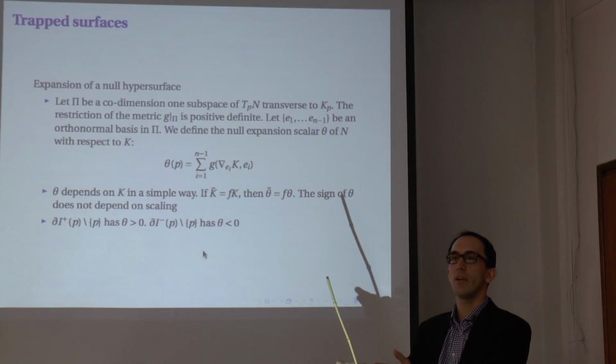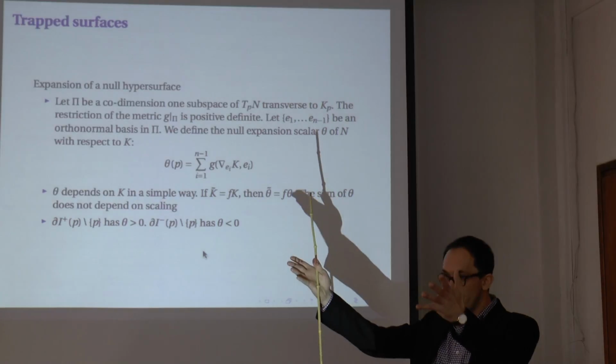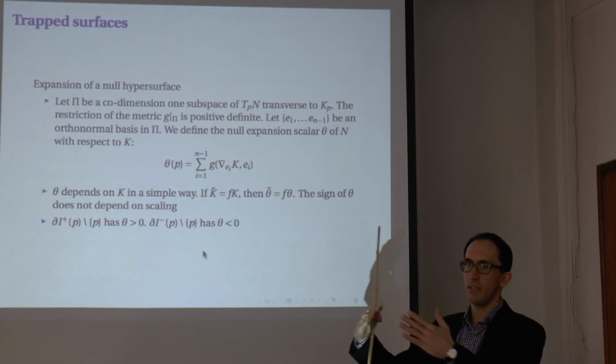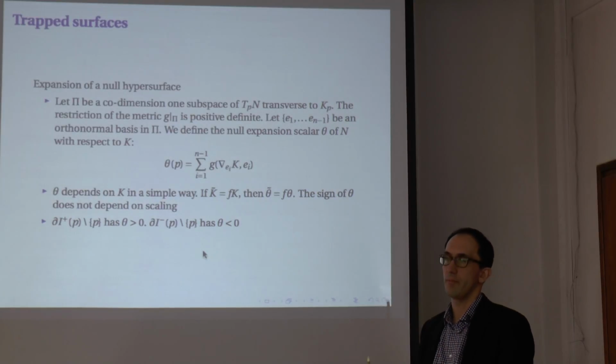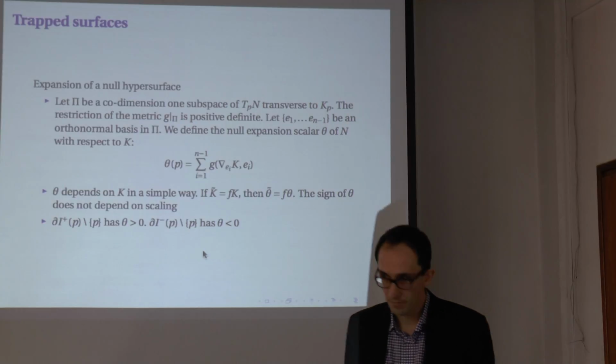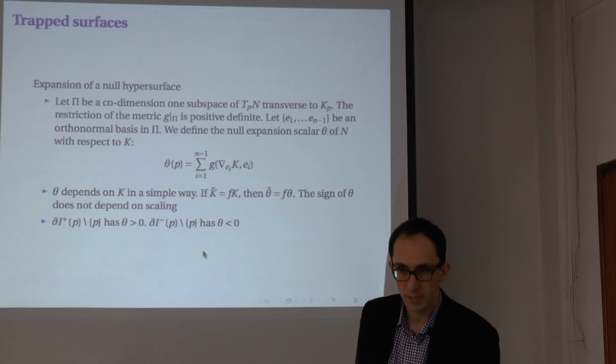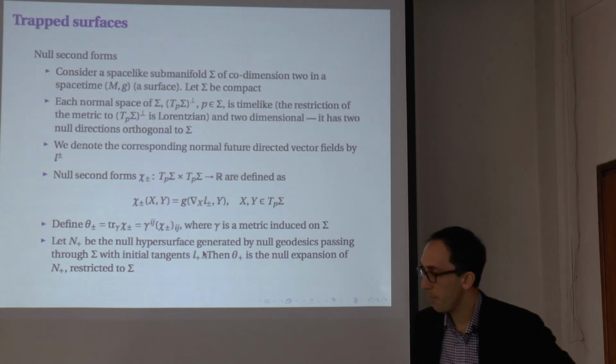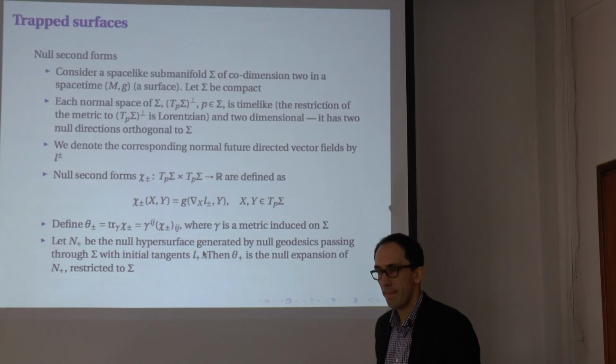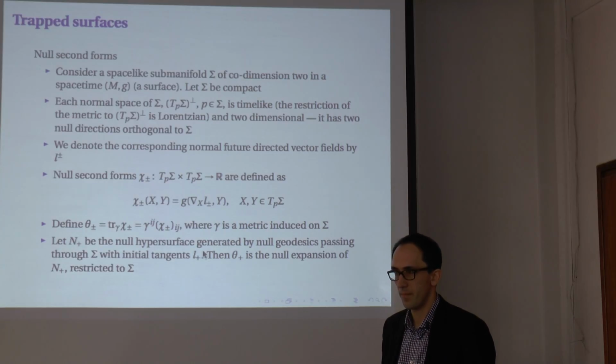Either your family of null geodesics is divergent, or it converges, or in a third case the area is stationary. That's right. There are three possibilities. Not in Minkowski, in Minkowski only two, of course.